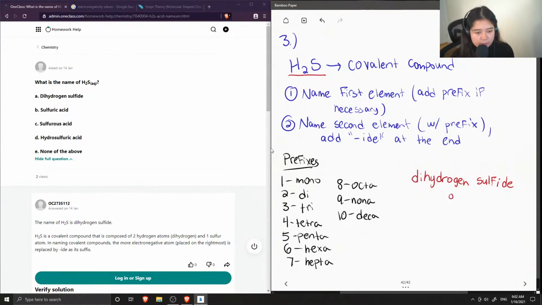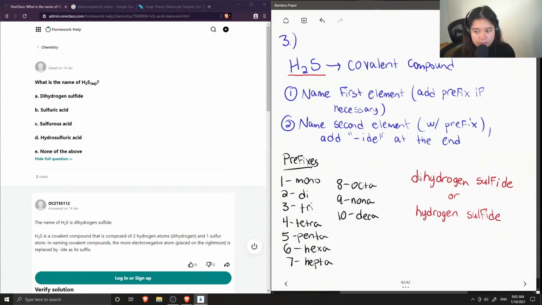And sometimes it's more commonly known as just hydrogen sulfide. So sometimes it's assumed that 2 hydrogens will react with the sulfur, since sulfur has an oxidation state of -2.